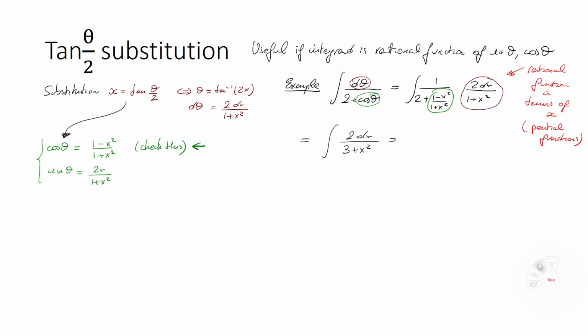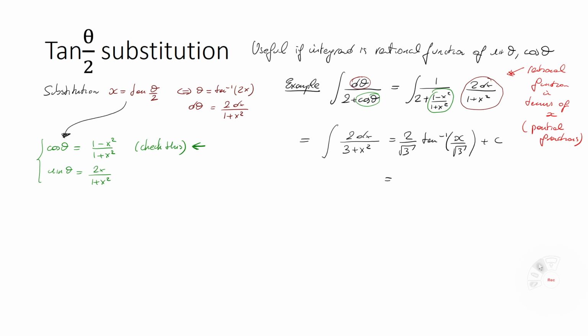This is one of the cases that I've seen before, where I can link this to the inverse tangent. I may have to do a few substitutions to get rid of the 3, but ultimately what you get here is 2 times 2 divided by square root of 3, the inverse tangent of x divided by square root of 3, plus a constant.